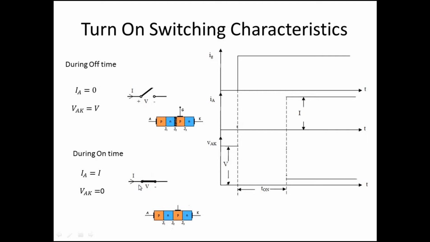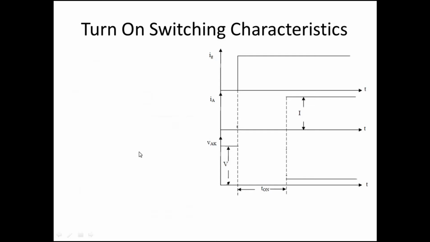This depletion region has to be completely removed to make the thyristor conduct. Firstly the thyristor is in the off state. At this time we are giving the gate current IG, and conduction has to take place. The transition from off state to on state period is T on.